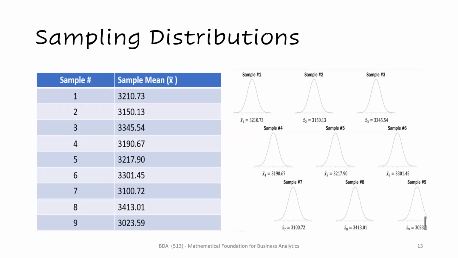If we put all of them together, it gives us one whole normal curve. This will not just be one sample, it will comprise 9 samples. In this scenario, we call it a sampling distribution.